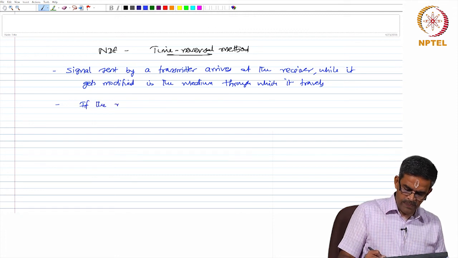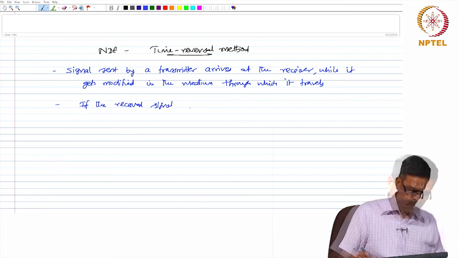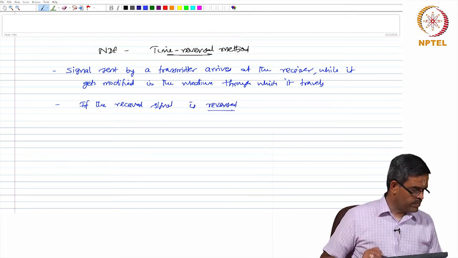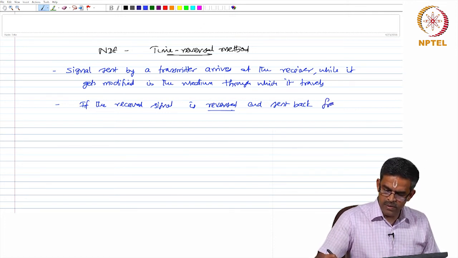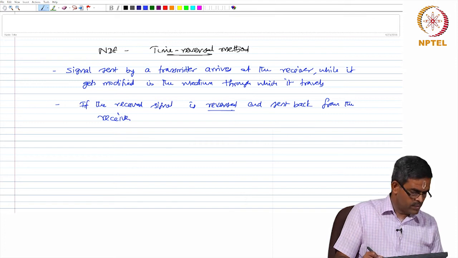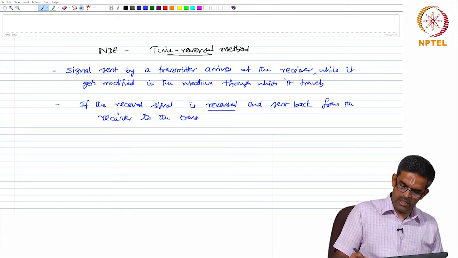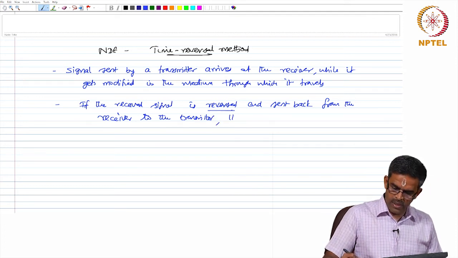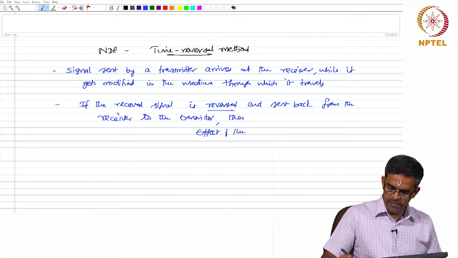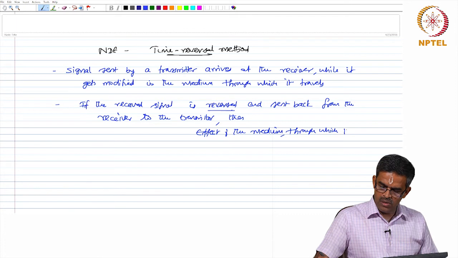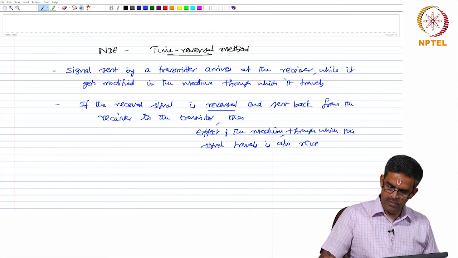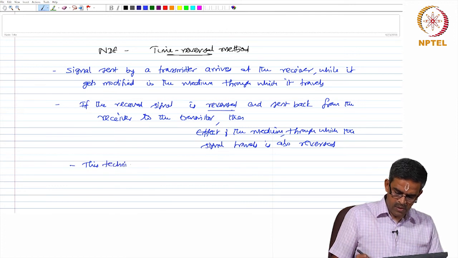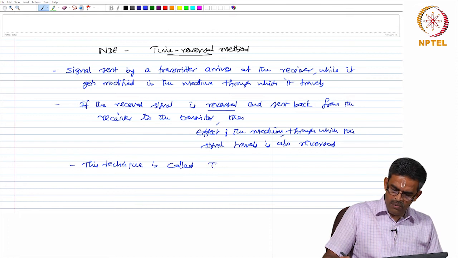If the received signal is reversed and sent back from the receiver to the transducer or to the transmitter, then the effect of the medium through which the signal travels is also reversed. Is called time reversal method.